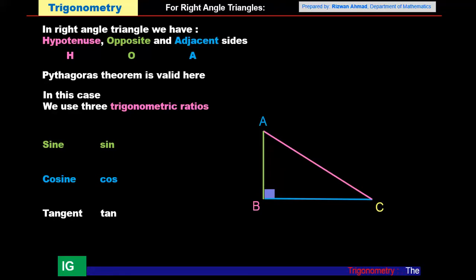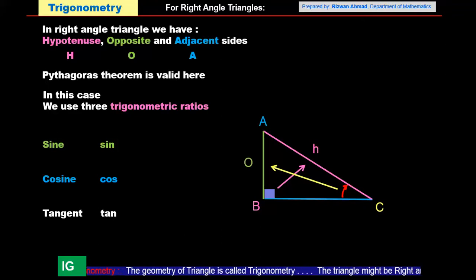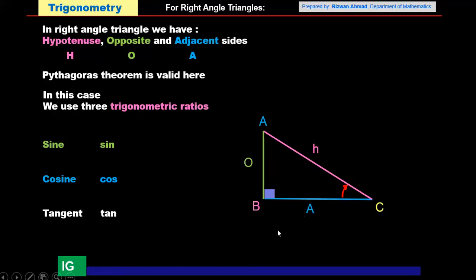So the side opposite to the right angle vertex is hypotenuse H. Opposite, if this red angle is under consideration, like angle C, so the side opposite to the angle C will be O, and the third side, which is adjacent to the angle, like from the angle towards the right angle, will be A, adjacent.